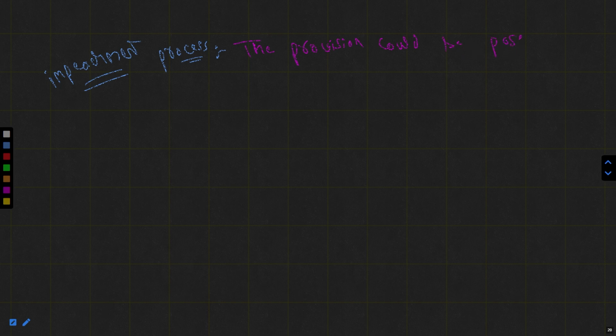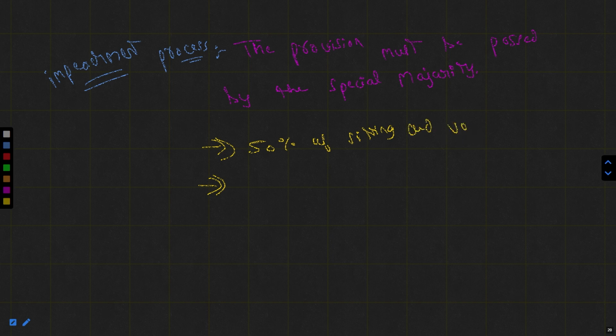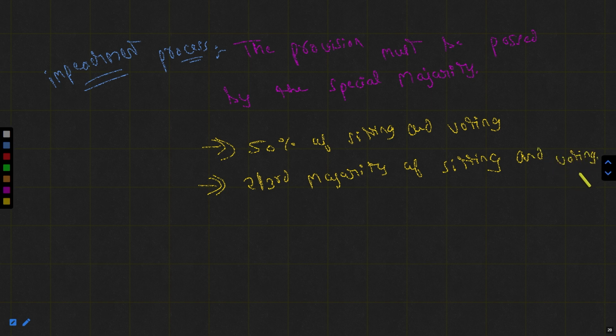The provision could be, not could be, must be passed by a special majority, which means two conditions: 50% of sitting and voting, and another one is a two-thirds majority of sitting and voting.